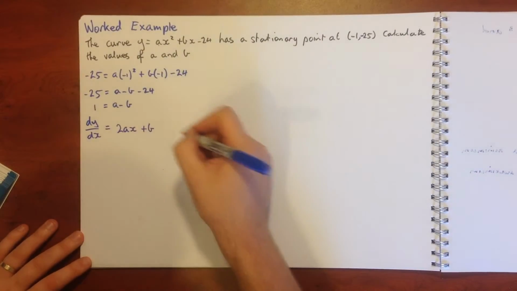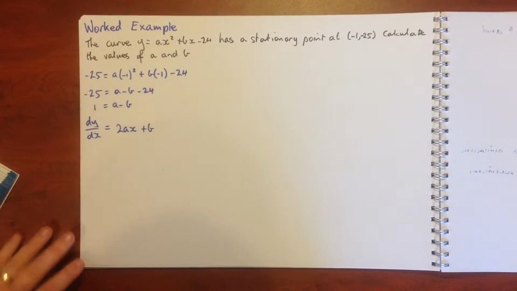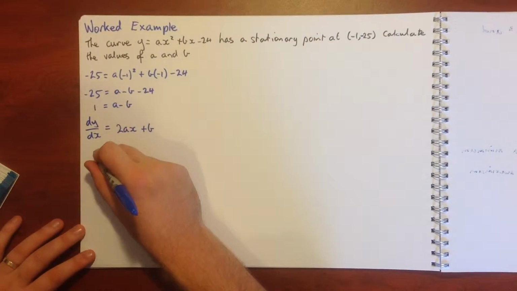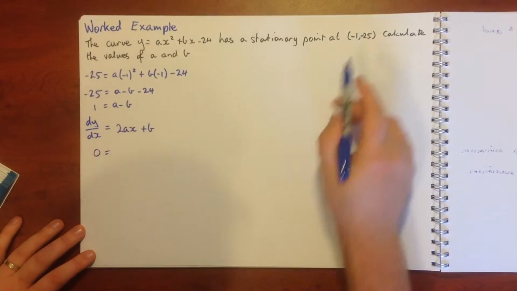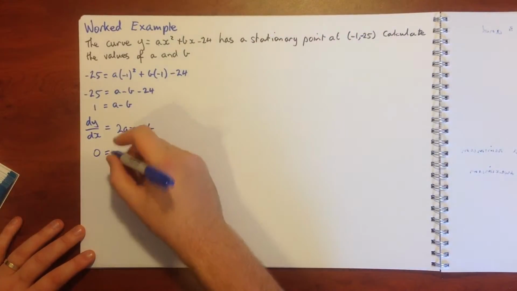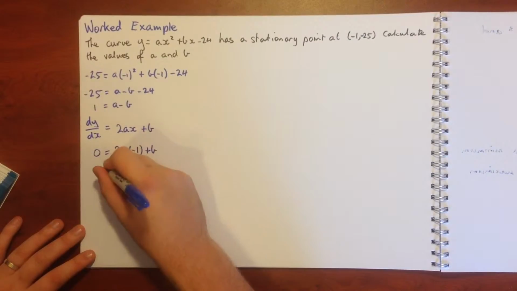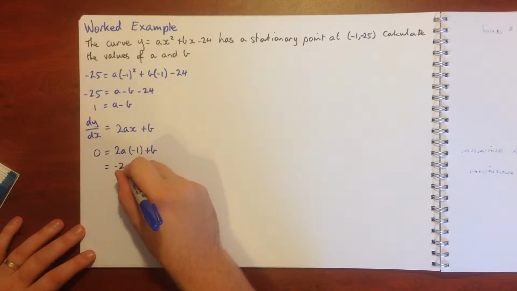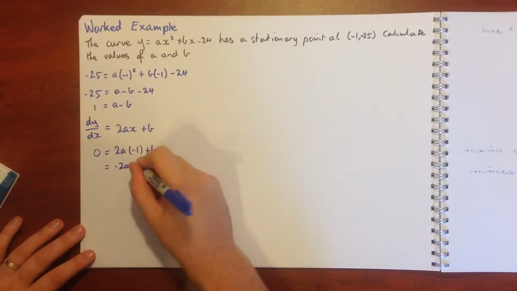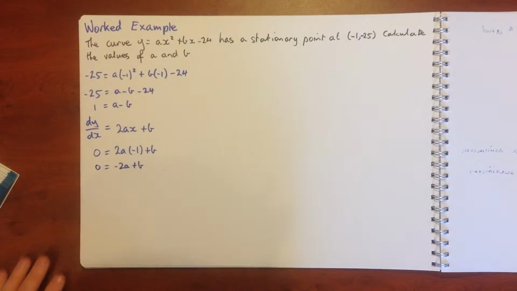So we know our derivative is equal to 0 at that point, when x is -1. So we say 2a times -1 plus b. So we get -2a plus b is equal to 0.